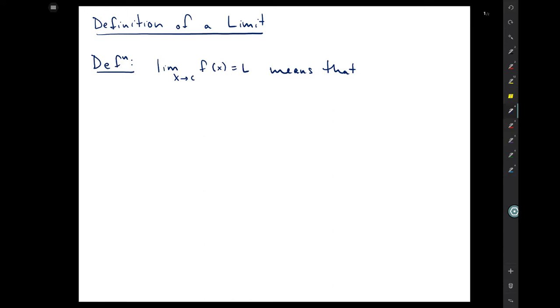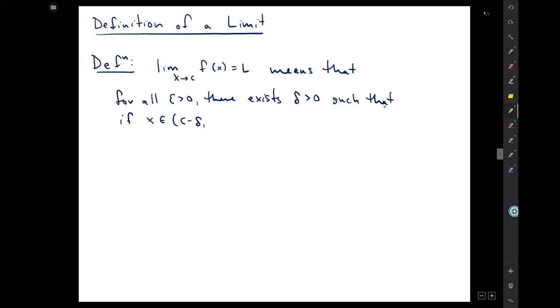So what this limit means is that for all epsilon greater than 0, there exists delta greater than 0 such that if x is in this punctured interval c minus delta comma c union c to c plus delta, then f of x is in this interval L minus epsilon, L plus epsilon.